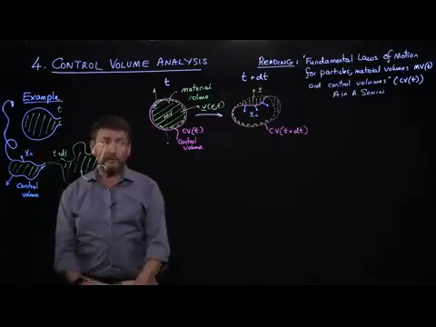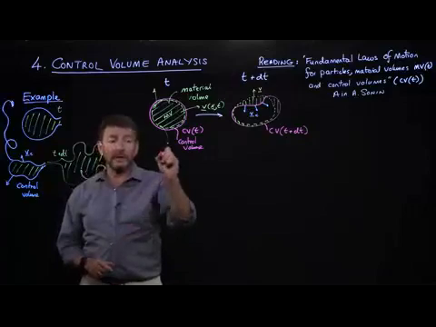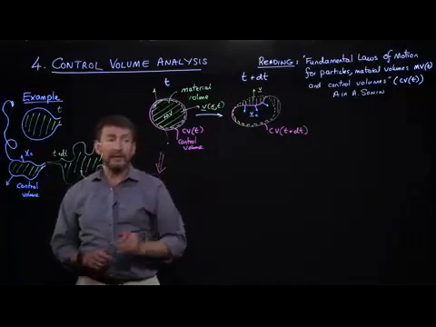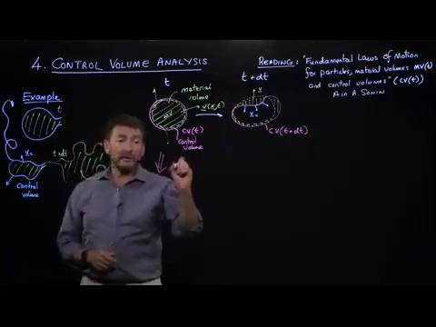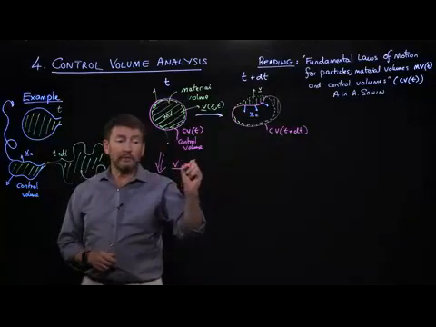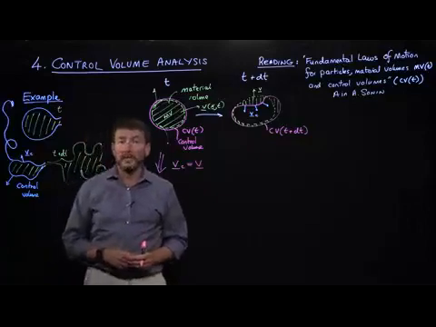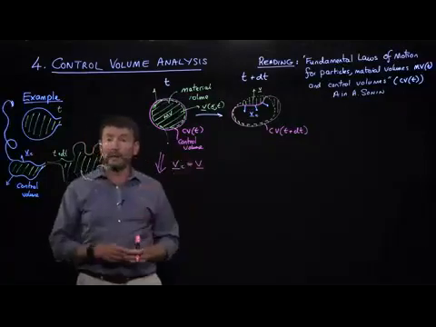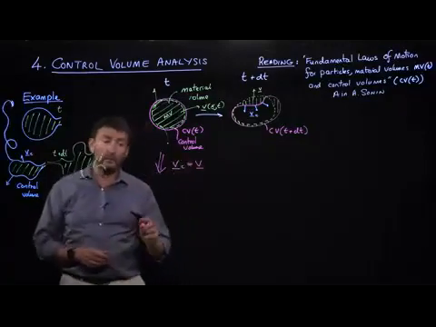So one way of specializing things is to recognize that we might take the particular case when the velocity of our control volume is equal to the velocity of the fluid. And so in that case, the two do not move apart, and the two stay together for all time.